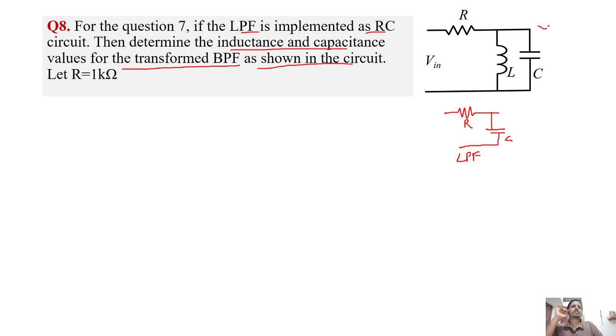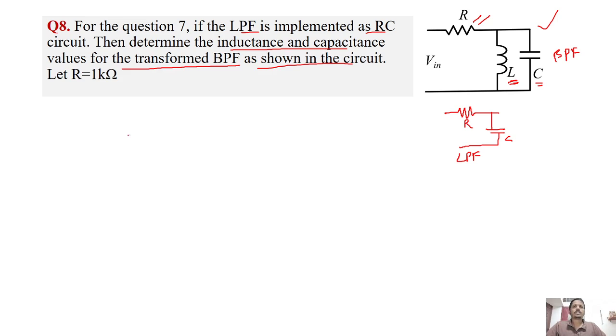A circuit has been given here, where an inductor is placed across the capacitance C. This is the new filter, and it is a band pass filter. If the resistance R is given, what must be the value of L? How will we find it?